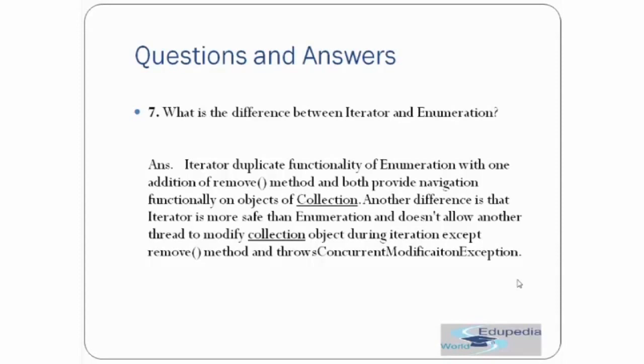And another difference it talked about is that iterator is more thread safe than enumerator. That means it will not allow any other thread to modify the collection. If it tries to, it will give a concurrent modification exception, whereas enumeration will not give that exception. Okay, so those are the two differences between iterator and enumerator.